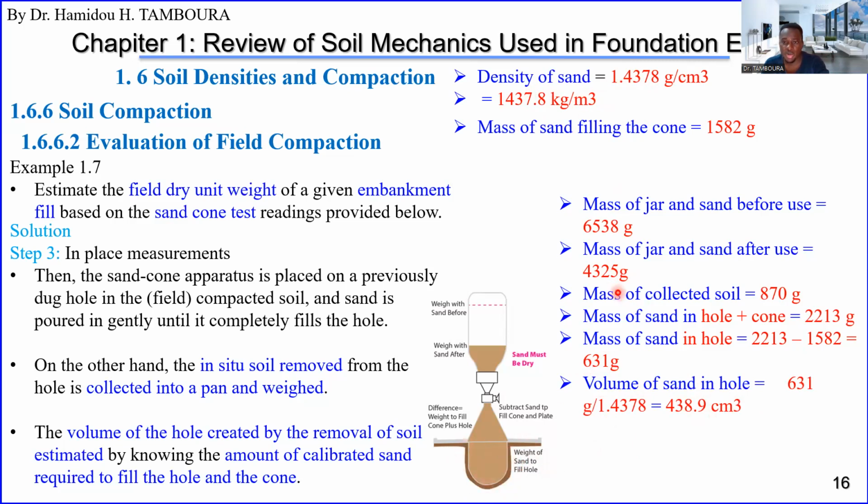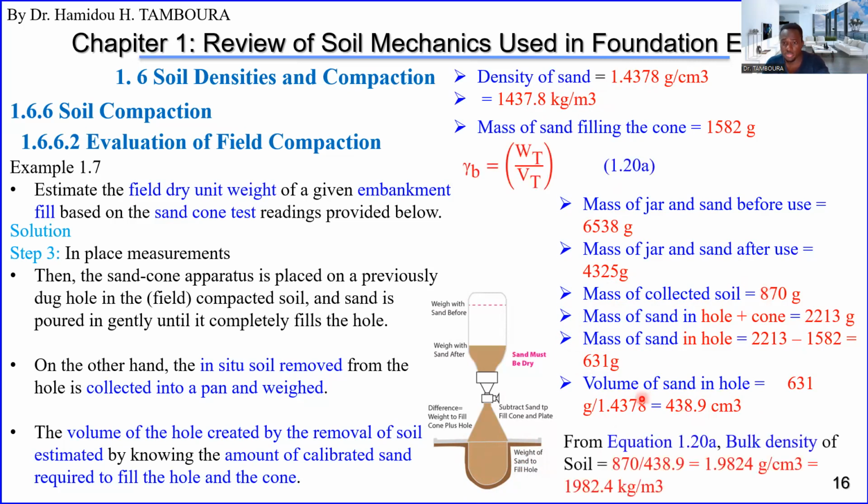And don't forget the mass of collected soil from this hole is here. So by taking this mass and dividing by the volume of the hole, like this, you see 870 divided by 438.9, it will give you the unit weight of the soil collected from this hole.